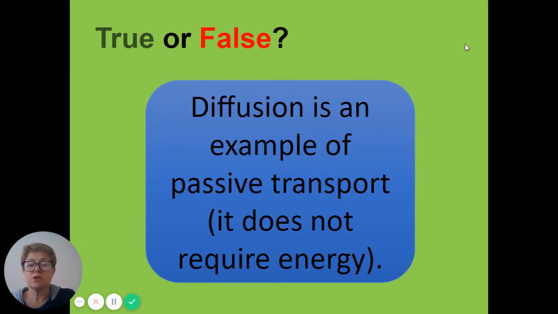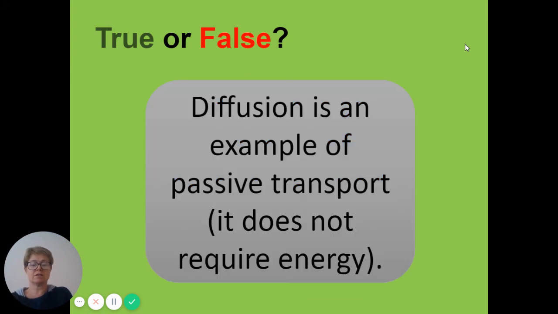True or false? Diffusion is an example of passive transport, i.e. it doesn't require energy. So do you think that's true or false? Well, the correct answer is true. It doesn't require energy, which makes it really useful for living things.